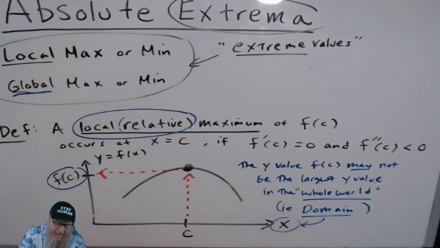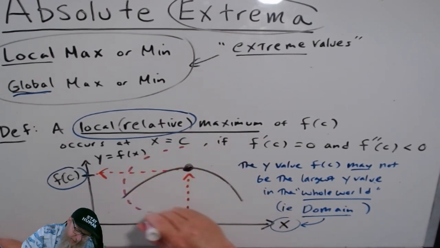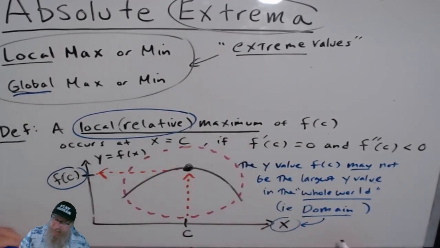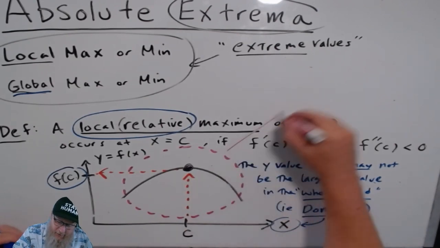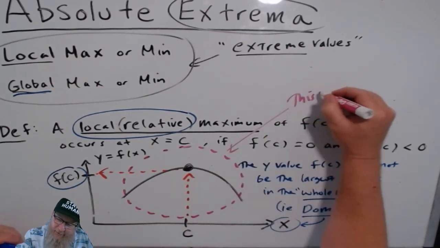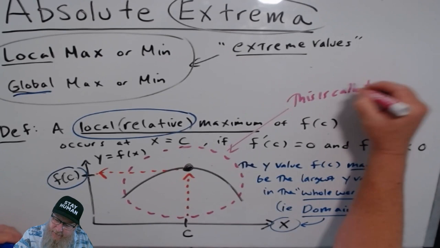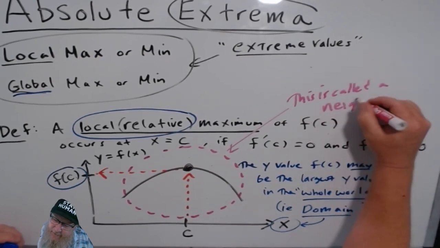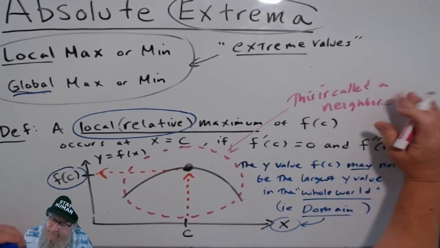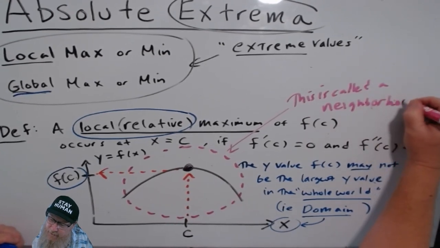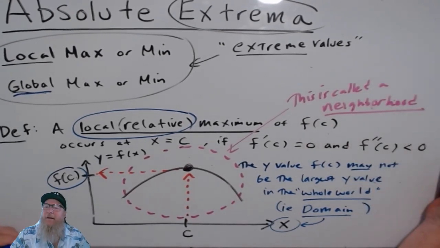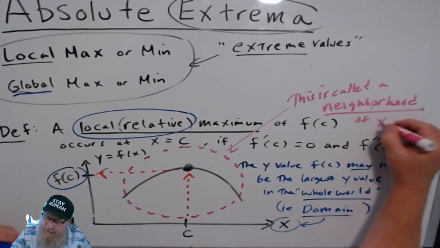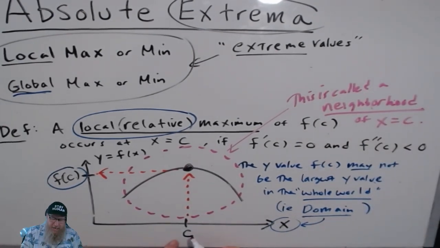And so this is what we call a neighborhood. So this is called a neighborhood of x equals c. So when you are near this point, now there is a proper definition.